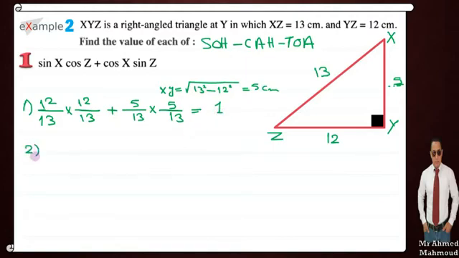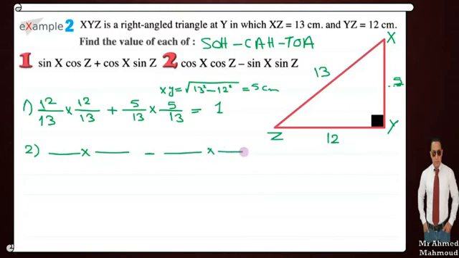Number 2, cosine X cosine Z minus sine X sine Z. Okay, cosine X times cosine Z minus sine X times sine Z. Cosine X adjacent over hypotenuse, which is 5 over 13, and cosine Z adjacent over hypotenuse, 12 over 13, and sine X opposite over hypotenuse, 12 over 13, times 5 over 13, which is sine Z. Sine Z opposite over hypotenuse, 5 over 13.